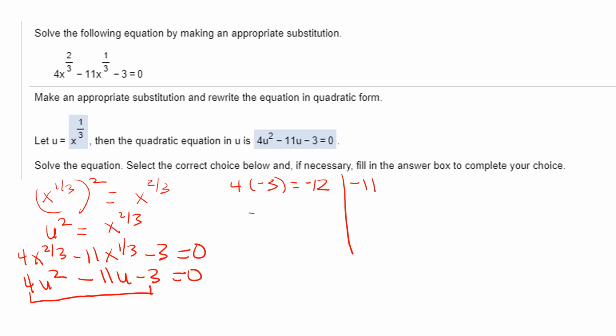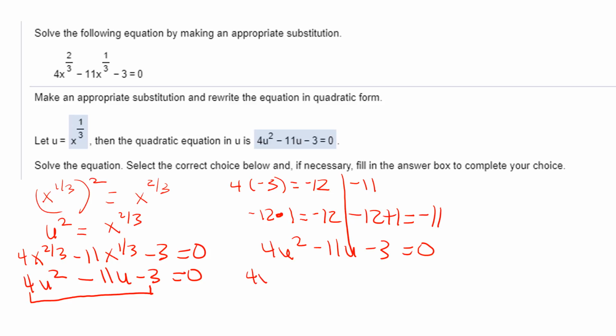Negative 12 times 1 is negative 12, and negative 12 plus 1 is negative 11. So I'm going to rewrite 4u squared minus 11u minus 3 equals 0 as 4u squared minus 12u plus 1u minus 3 equals 0.